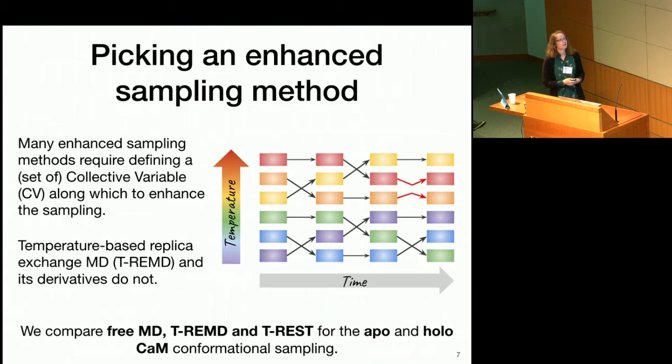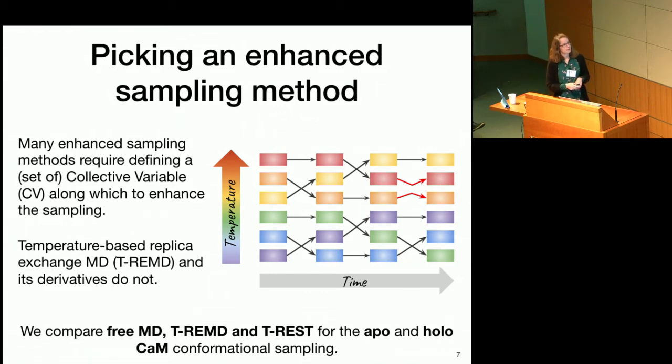But still, if we can, we'd like to use free energy enhanced sampling methods that don't rely on having access to a collective variable, especially in the case of Calmodulin, where you've seen the conformational changes are far from trivial and highly nonlinear.